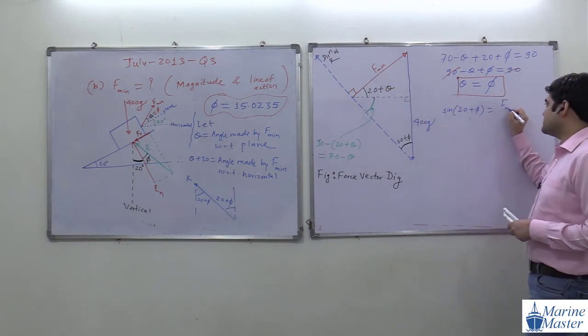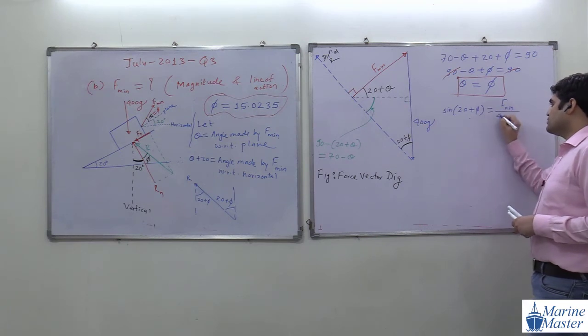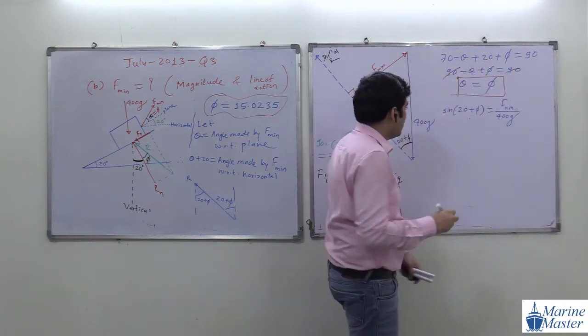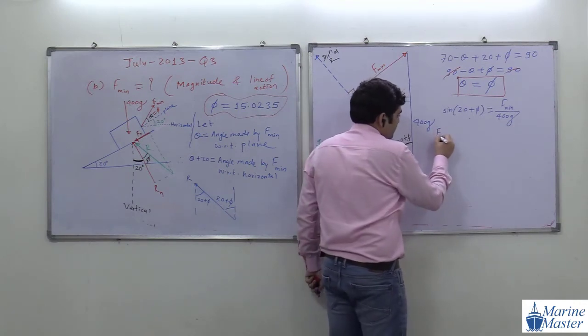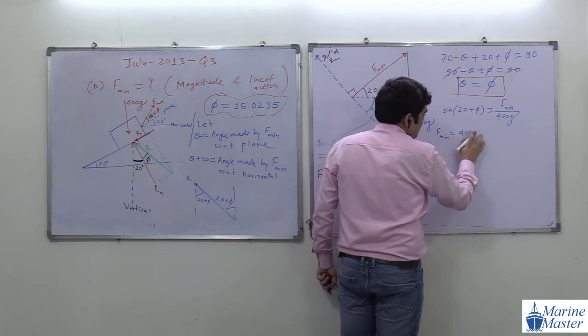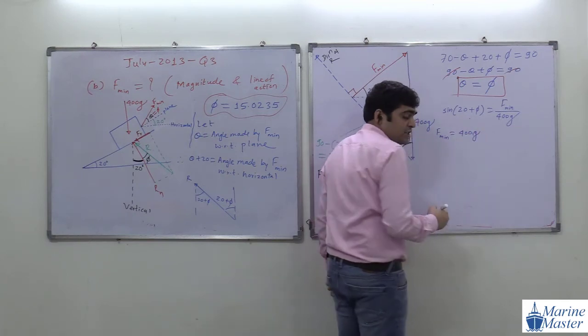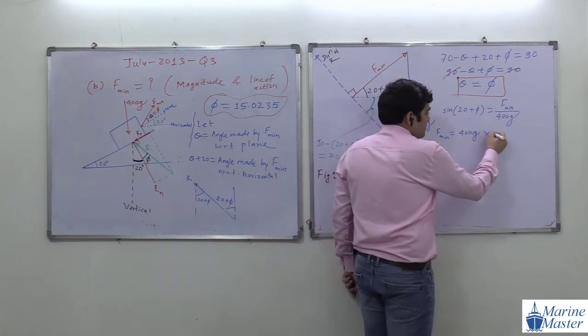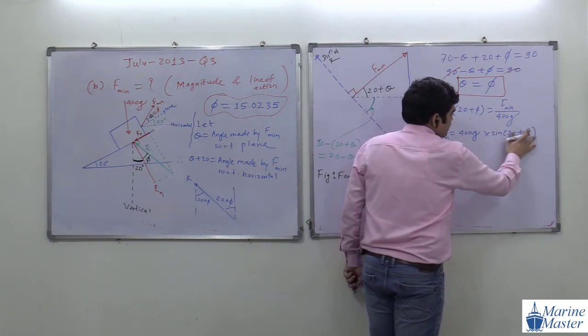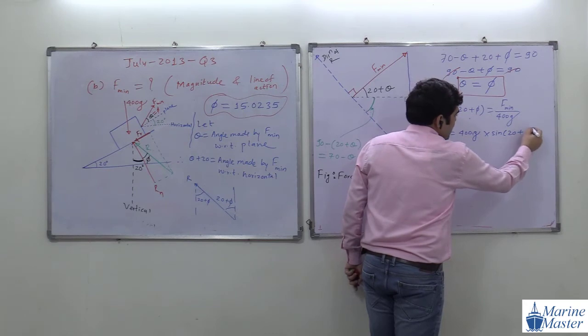Please be attentive. So F minimum will become 400 g, where g is the acceleration due to gravity, into sine of 20 plus phi.